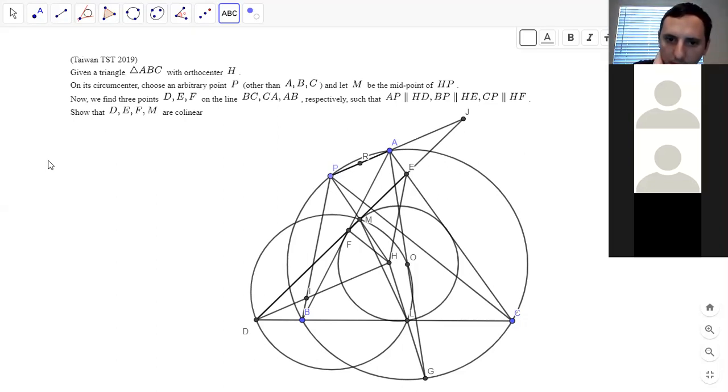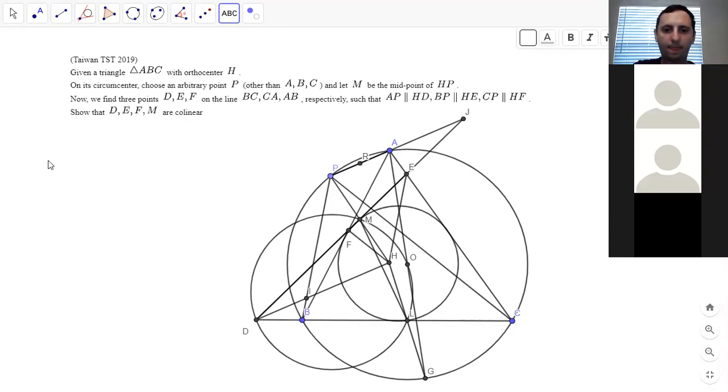This is the outer butterfly theorem, because there's a line passing through M, and AP and BC are intersected. We also have MD equals MJ, so OM is perpendicular to DJ.